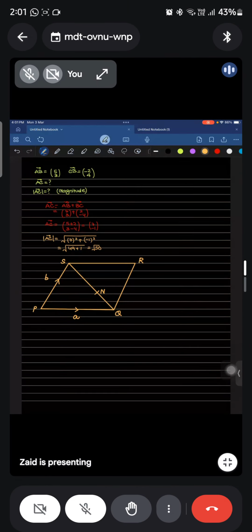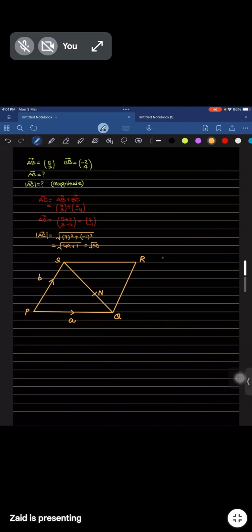Okay, so the information they have given us is that PSRQ is a parallelogram, number 1. N is a point on SQ such that SN to NQ equals 3:2.